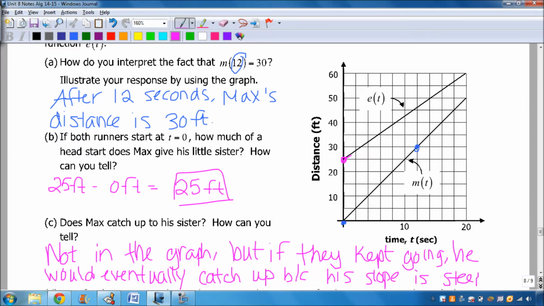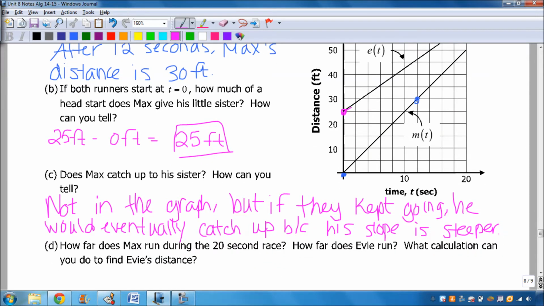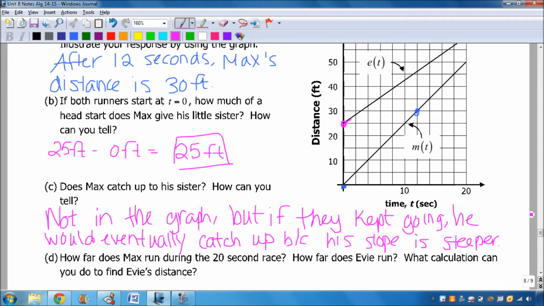All right. And then our last question here, question D. How far does Max run during the 20-second race? How far does Evie run? What calculation can you do to find Evie's distance? So Max started at 0 feet, and then after 20 seconds, he reached 50 feet.